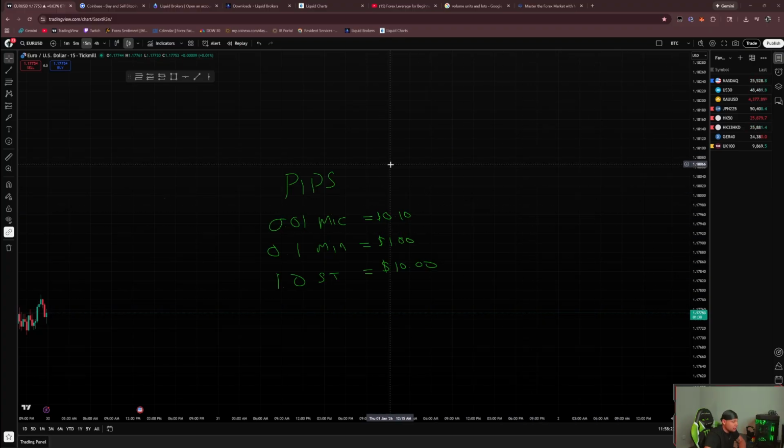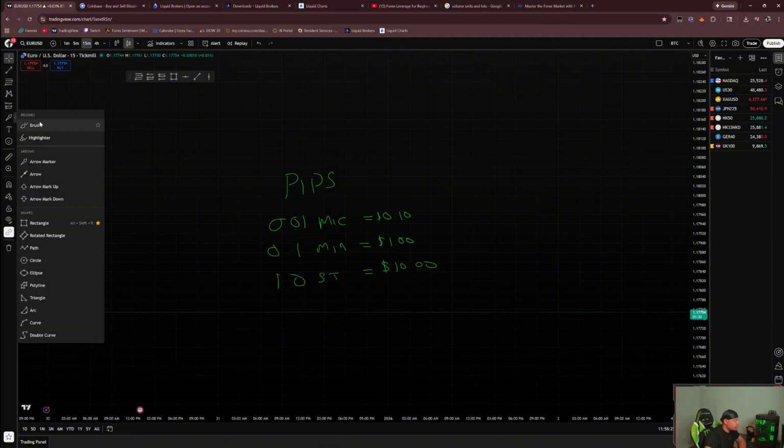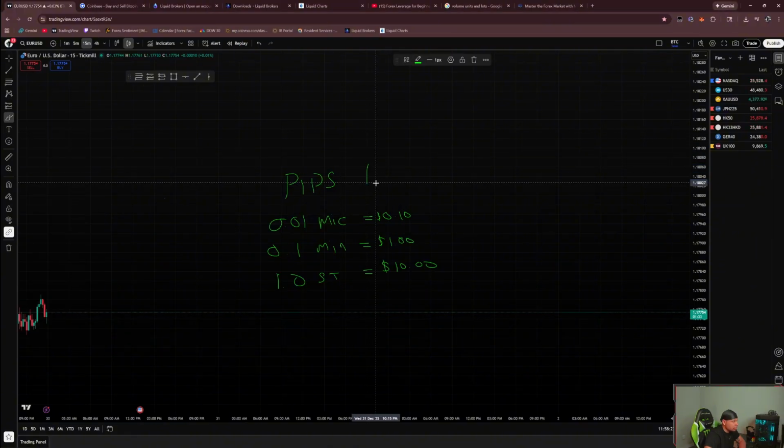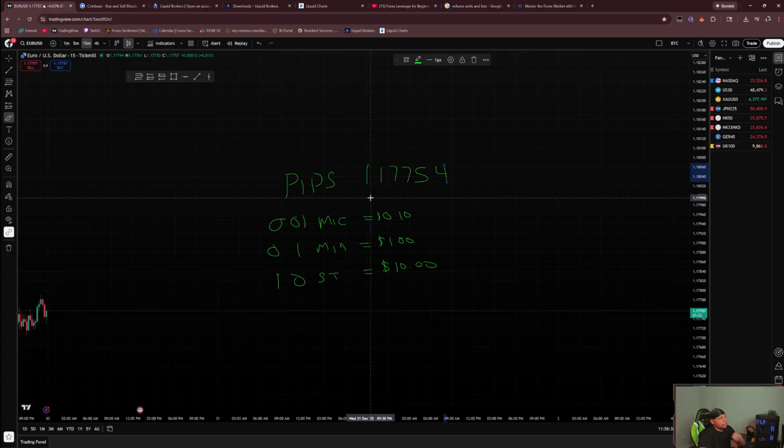So the pip is the fourth number from the decimal point, or the second to last number, because not all prices have a fifth number.